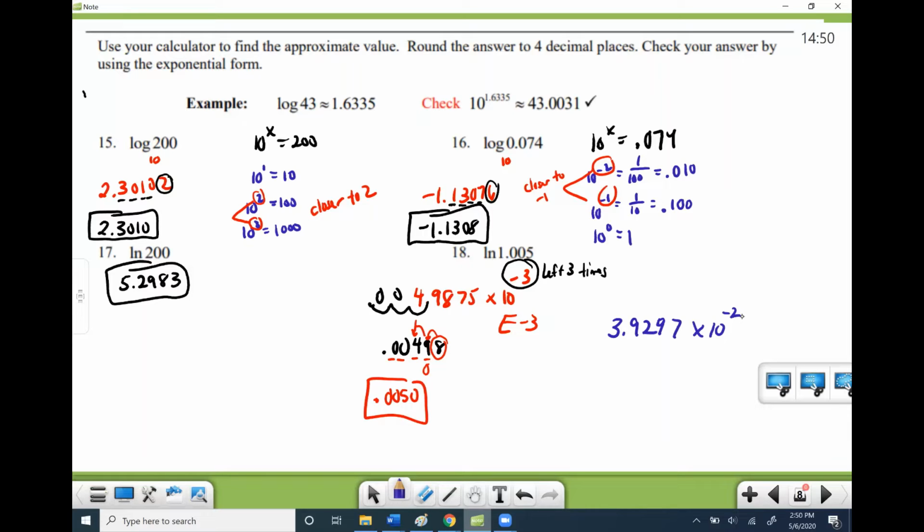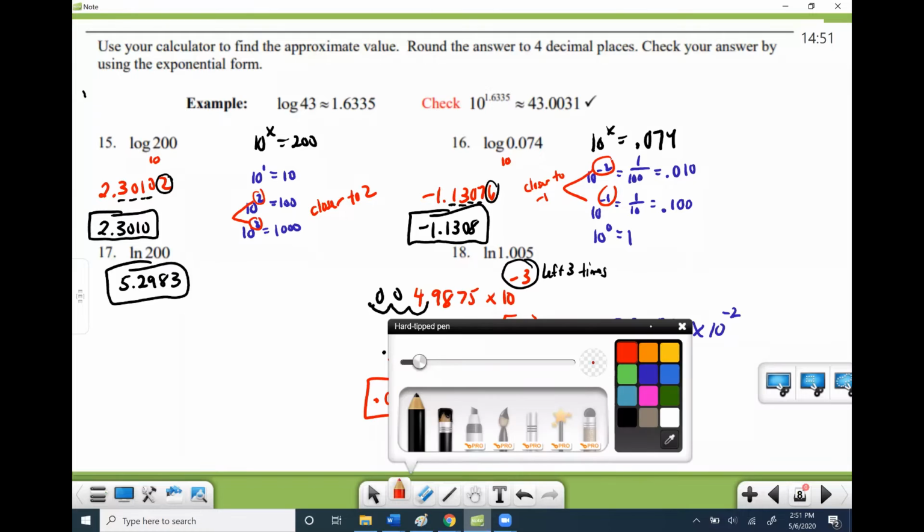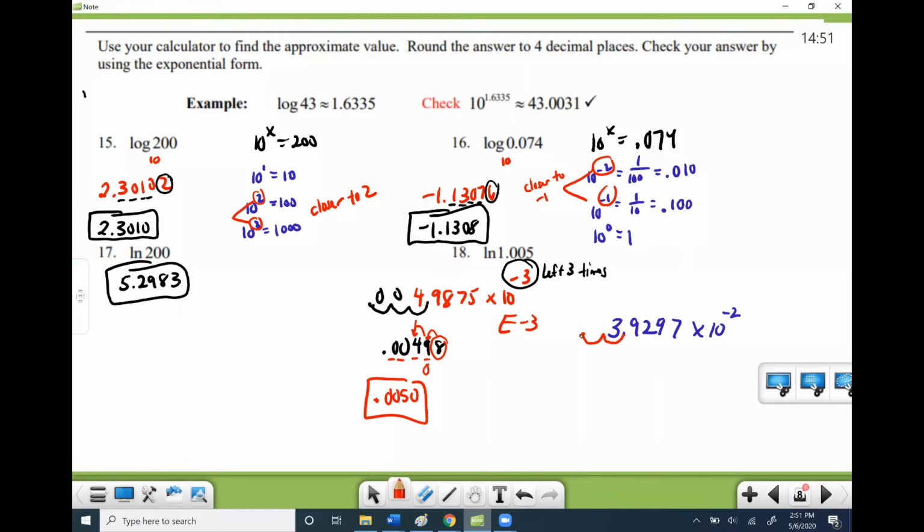Sorry, I don't know why that was so hard for me. Okay, so what would that be as a decimal? Don't worry about rounding it yet, guys, but what would it be as a decimal? Yeah, very good. So if you move that decimal 2 times to the left, that's going to put a 0 in front of the 3. Yep. So it's going to be 0.039297.